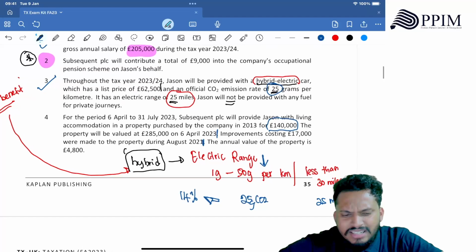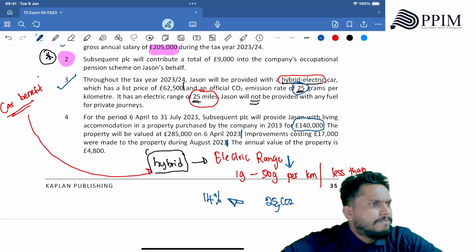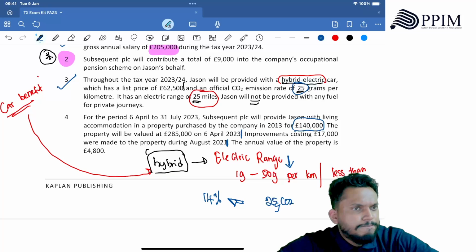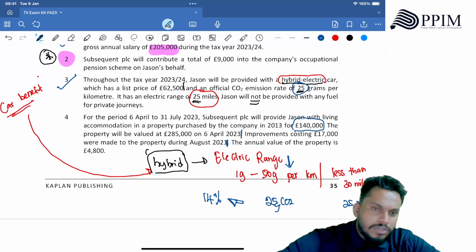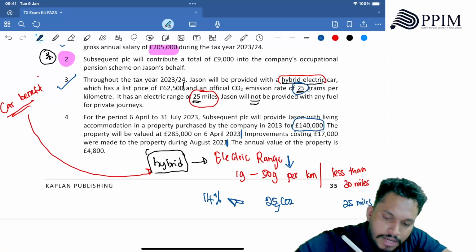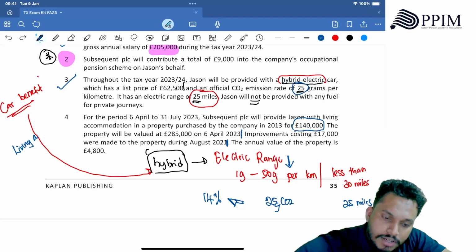Now with this information, what are we supposed to do? Who can tell me? You read this information, right? What is the benefit I'm receiving? First you need to determine that I'm receiving a living accommodation. Am I correct?